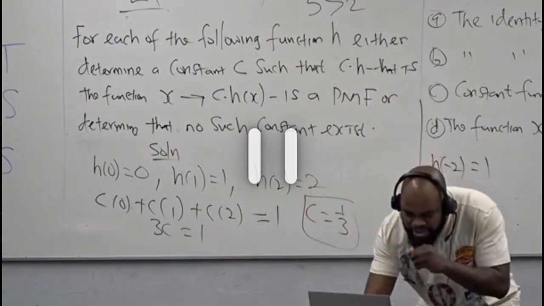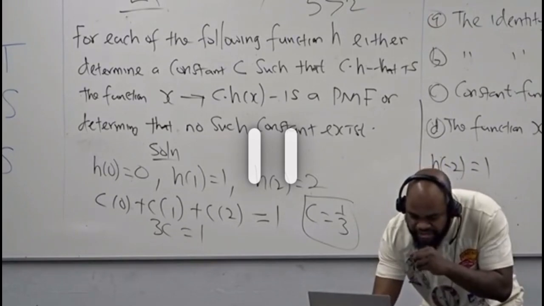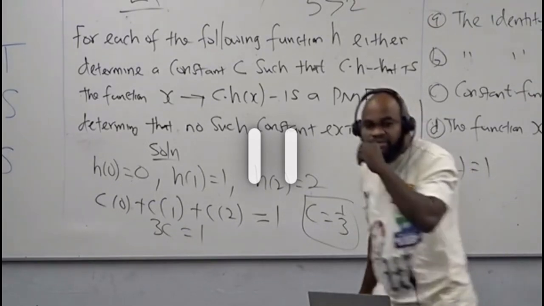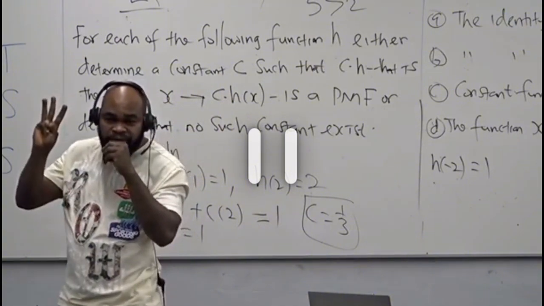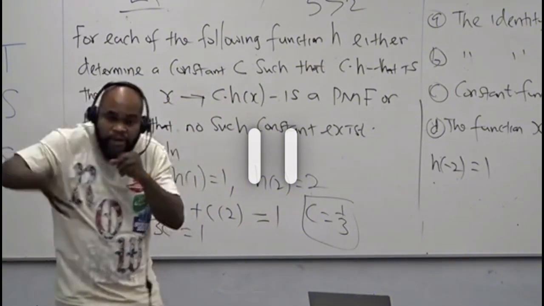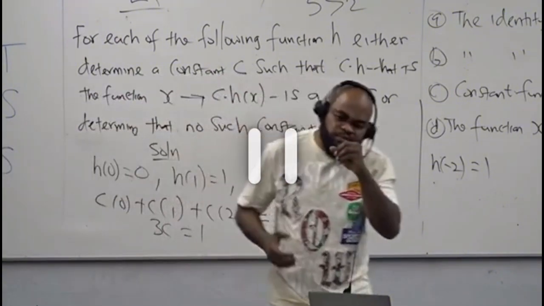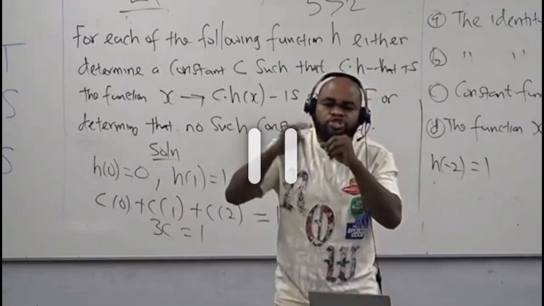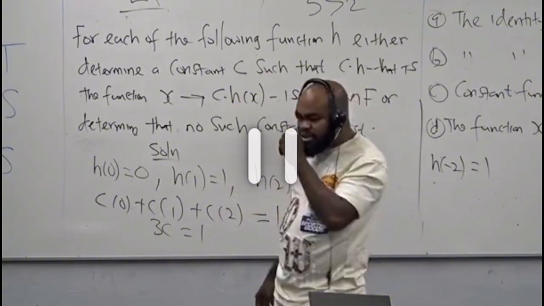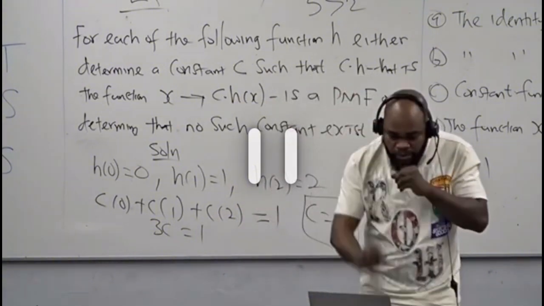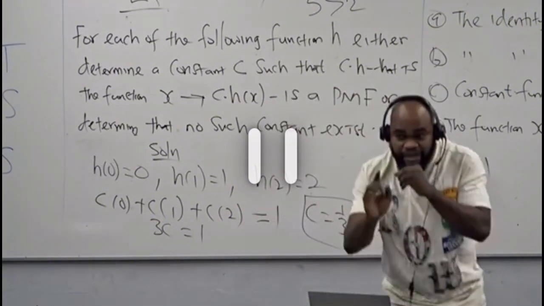Now, take a look at this. You're given a set. How many elements do we have in that set? X, Y, Z. 3 elements, right? Okay. We want to figure out the possible number of subsets. If I want to know the possible number of subsets, number one, mathematically, please pay attention.